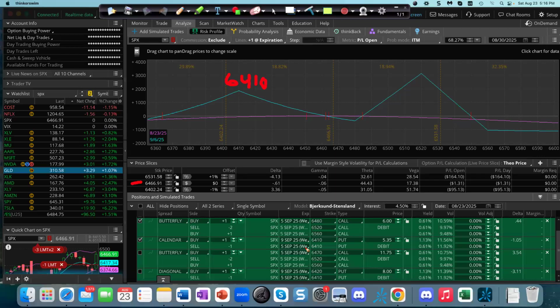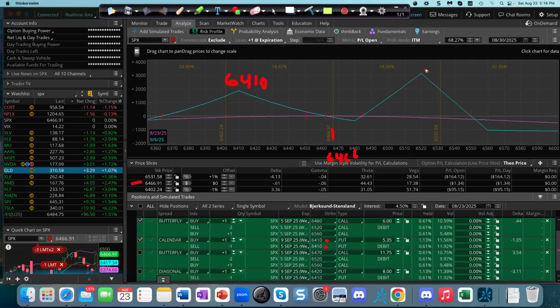I'm going out about a couple weeks. I'm selling a SEP 5 64.10, buying a SEP 9 64.10. So this would be an out of the money put calendar. The price is at 64.66 in this example. So I'm doing a bearish out of the money put calendar.